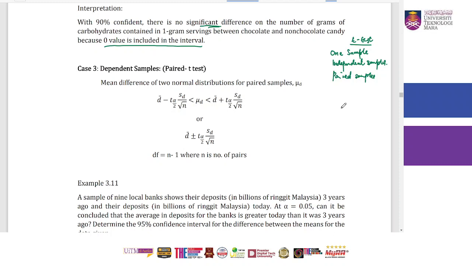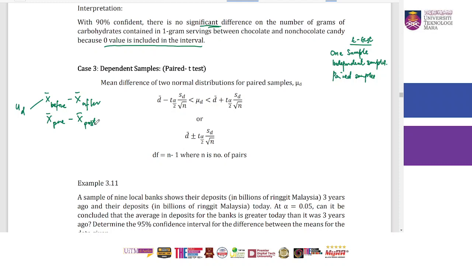So maksudnya kat sini mu D will be, contohnya, one example, mu D ni can be X bar before minus X bar after. Contoh. Ataupun X bar pre minus X bar post.